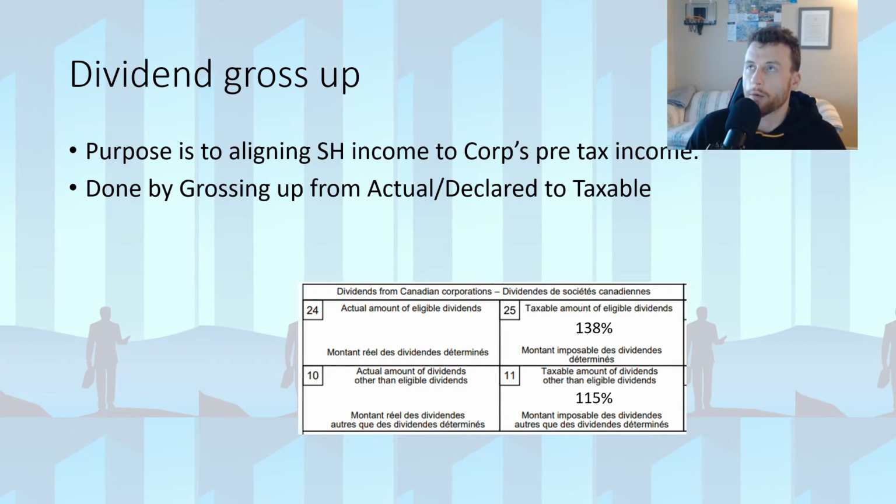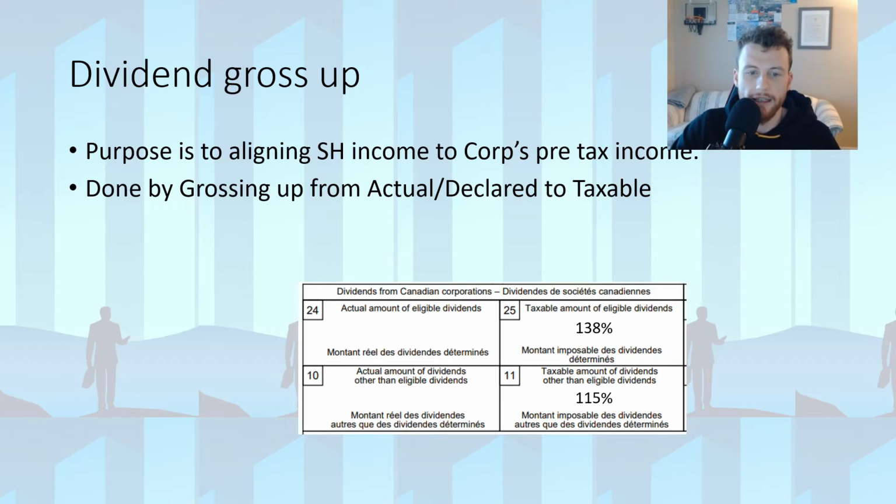So the corporation has already paid tax on this income, so we need to increase the income via a gross up in order to align the shareholder to pay tax on the gross up amount, which would represent the pre-tax profit.